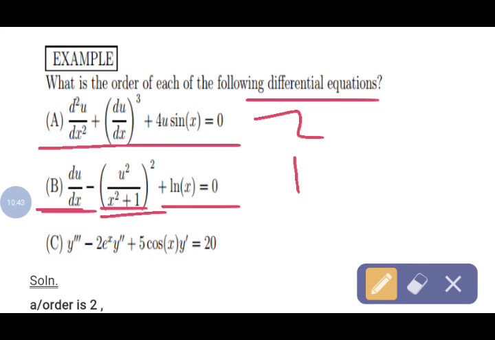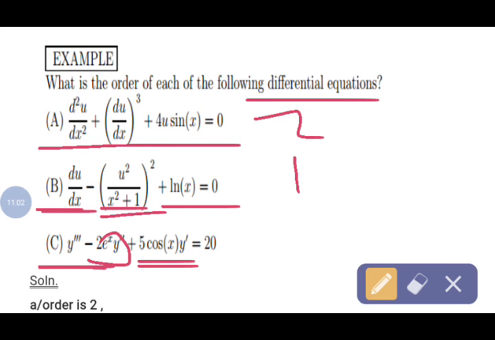In example C, let us check one by one. On the first one, y is differentiated 3 times with respect to x. In the second case, y is differentiated 2 times. In the third case, y is differentiated 1 time with respect to x.